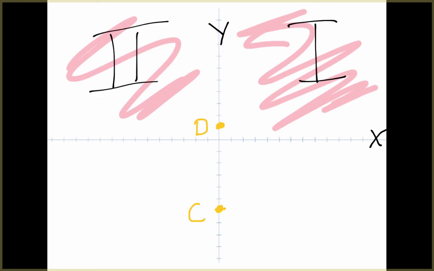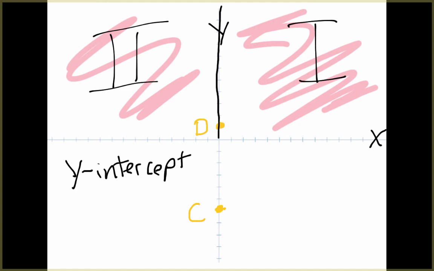It's on the boundary line, this guy right here. If it's on the y-axis, what would we call that? Nothing major. It'd be a y-intercept.